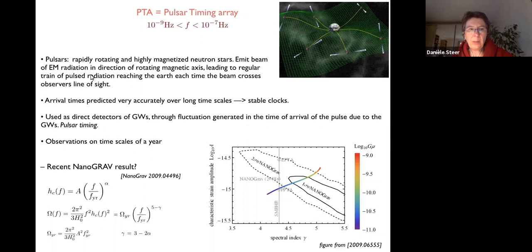So you have regular trains, a bit like a lighthouse or the Eiffel Tower at night. You have a regular train of pulsed radiation reaching the Earth each time the beam crosses your line of sight. The arrival times are predicted extremely accurately, so they act a bit like stable clocks. And of course, those arrival times will vary if you have a metric perturbation. It's using the variation of those arrival times that you can constrain the stochastic background of gravitational waves.